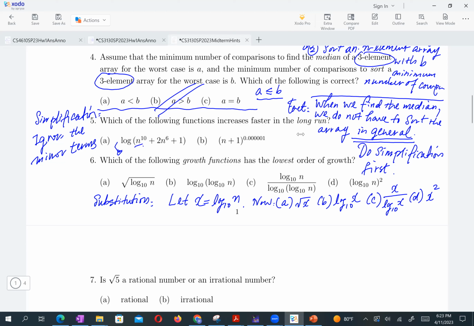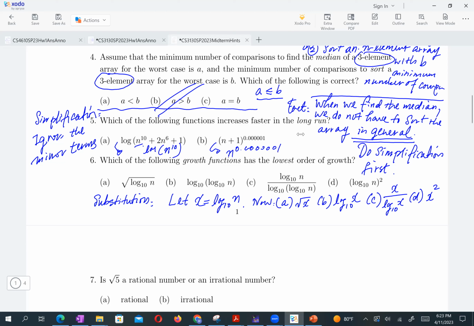So you simplify to log of n to the 10th. And option B, that plus 1 can be simplified, and n to the 0.000, many zeros, then 1.